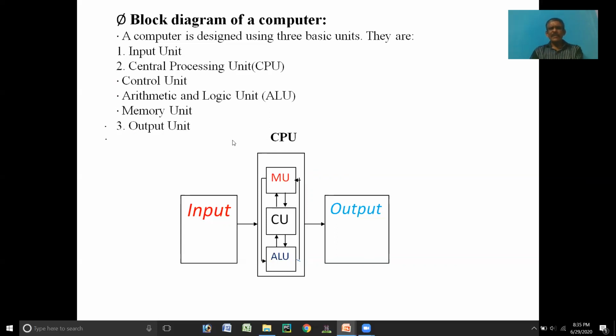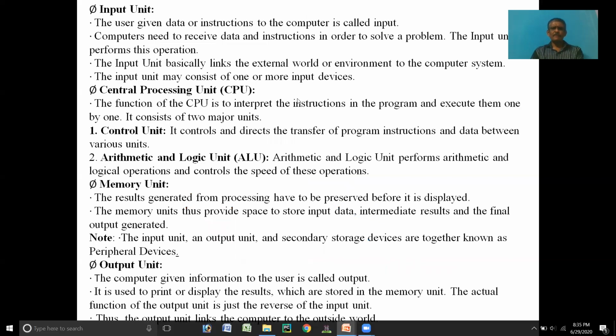Again, if you divide this unit into 3 parts, that is MU, CU and ALU. The CPU consists of 3 units: memory unit, control unit, and arithmetic logic unit. All these units are interconnected to each other. Now we'll go one by one.